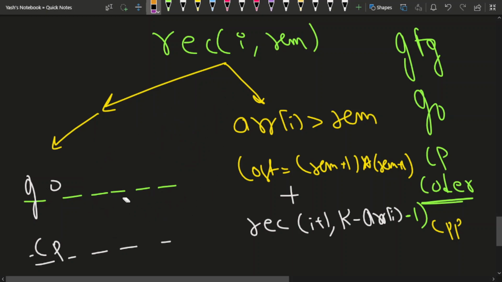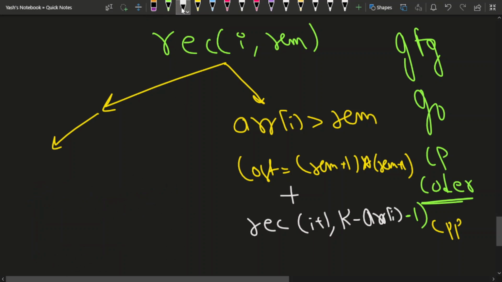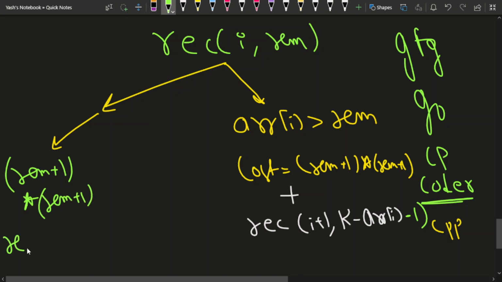So let's try and see this case. If you are paying the cost, the cost will be nothing but remaining plus 1 into remaining plus 1. Let's try and write this in a simpler manner. After that, you move to the next index, you call the recursive function for i plus 1, considering that you are moving to a new line.